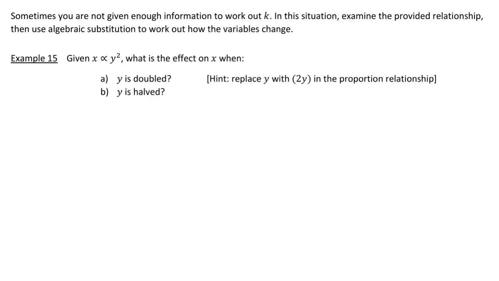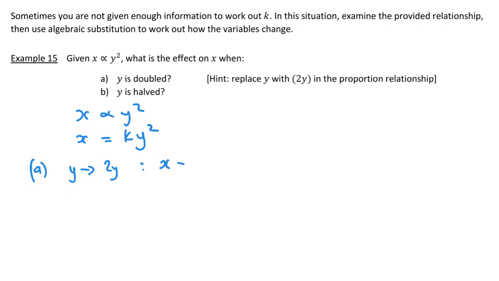So sometimes within proportion questions we're not given enough actual information to figure out the value of k. So what we do in this case is examine the relationship and use the substitution to work out how the variable changes. So what we know is that x is proportional to y squared, so that means that x equals ky squared. Now in part A, whenever we're doubling y, instead of y, we're going to replace that with 2y.